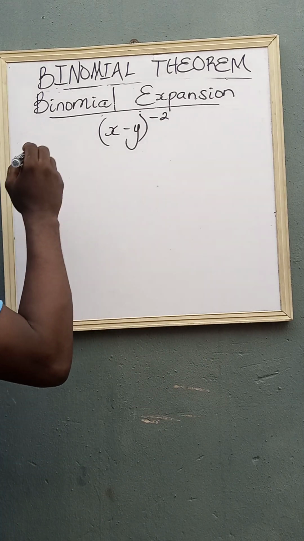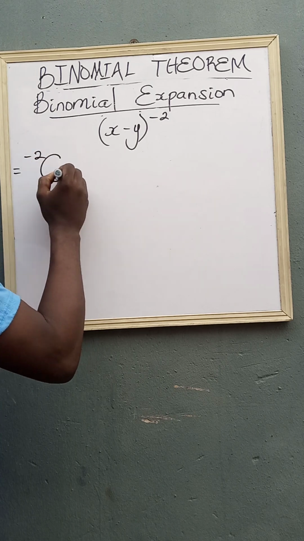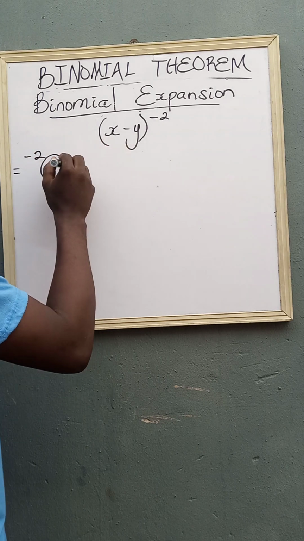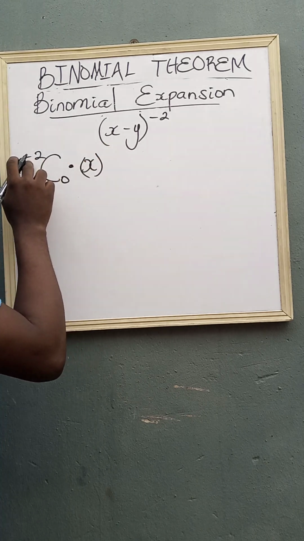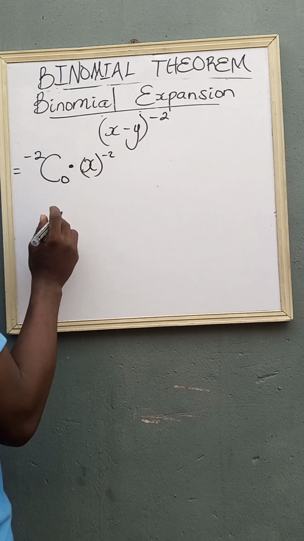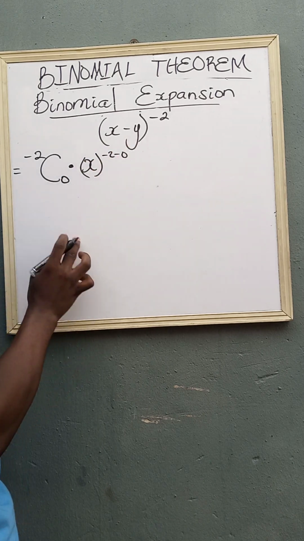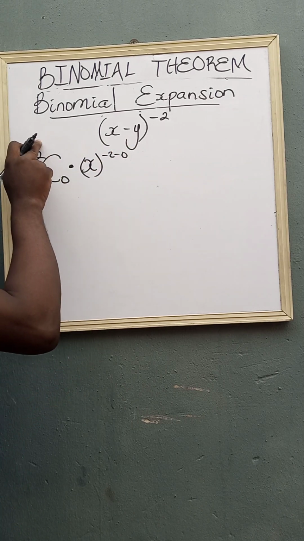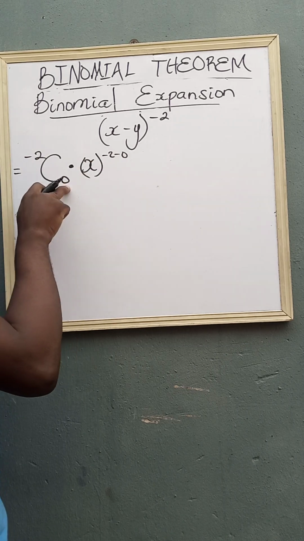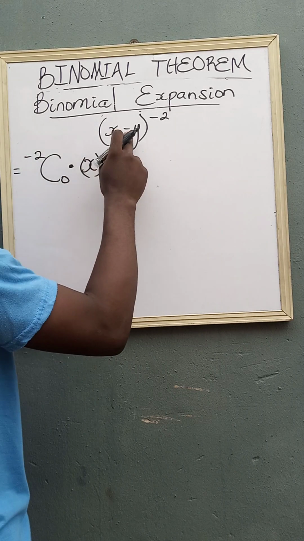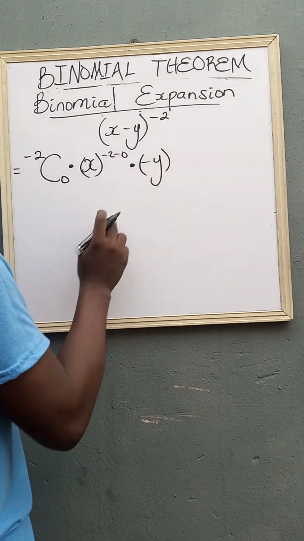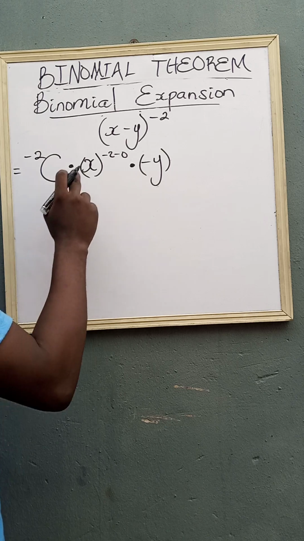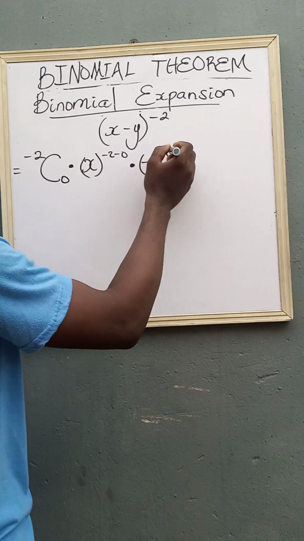Let's go. First thing is minus 2 combination 0. Your first term, x, gets your power, which is minus 2, minus 0. Please don't forget, it is this power minus r. Your next term is minus y, raised to the power of 0.